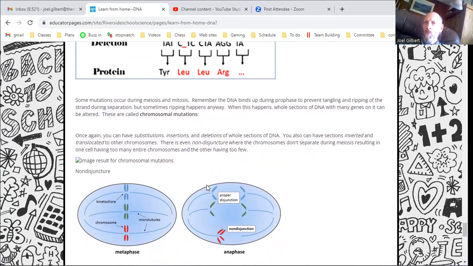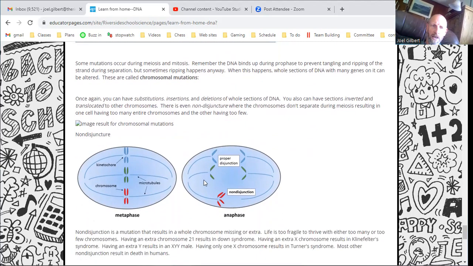But the biggest one that you probably should know about is called nondisjunction. That's when normally during meiosis, we pull the 2 different chromosomes apart. If they don't pull apart, then one sperm or egg is going to have an extra chromosome and one is going to have too few.